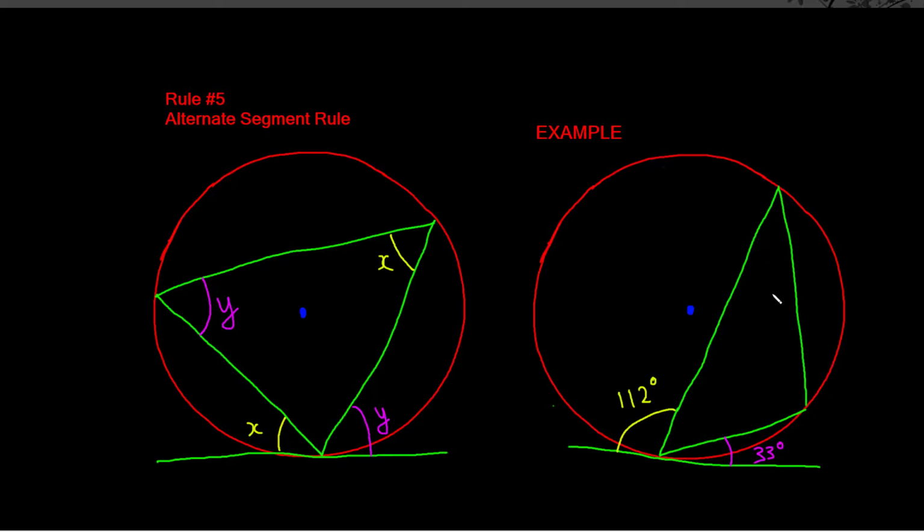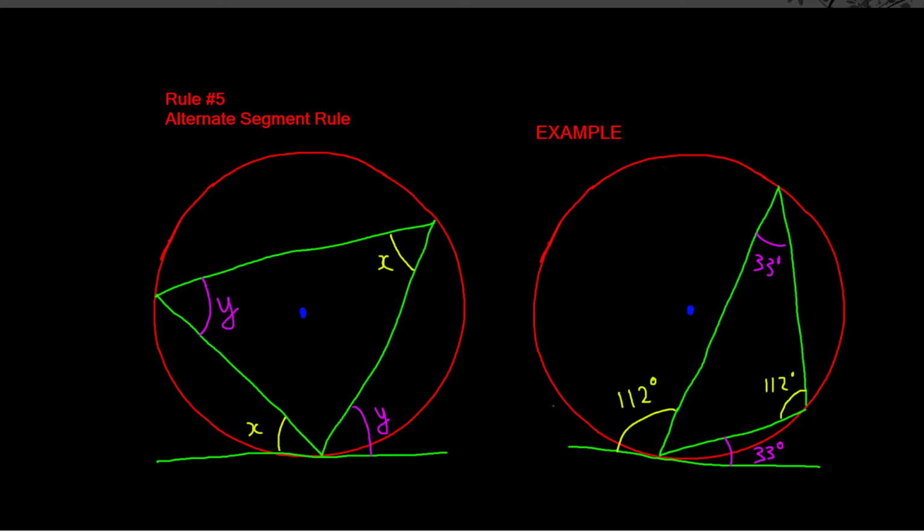So what it should be is this angle here instead should have been 112, and this angle over here would be 33 degrees. Alright, so these are the 5 rules for your circle theorem.